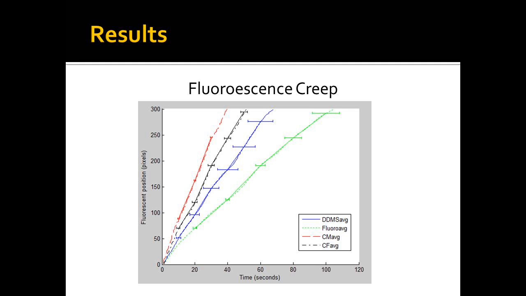So the takeaway here is that CM and CF, compared to DDMS and fluorosilane, are more suited for fluorescent analysis, and that the dye interacts less with these types of coatings. Now, some devices may still want to use DDMS or fluorosilane instead of these silicones, just due to other requirements of their type of assay.